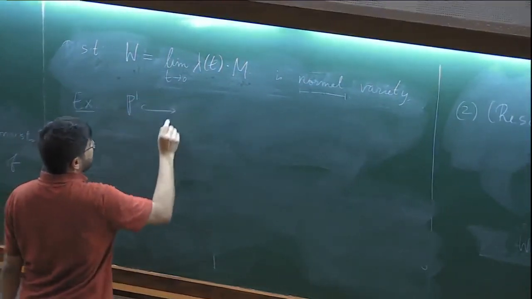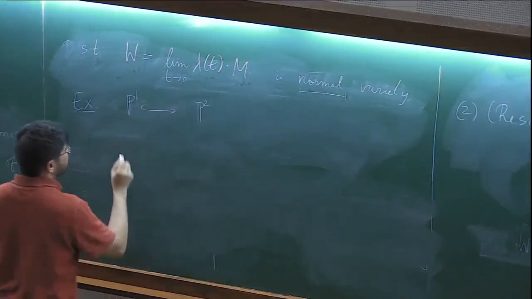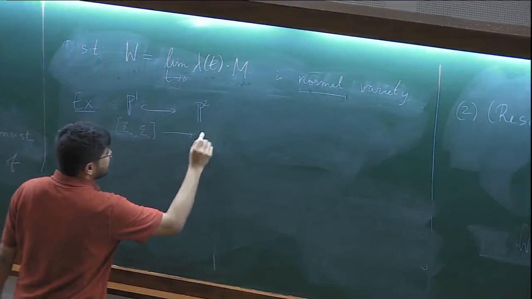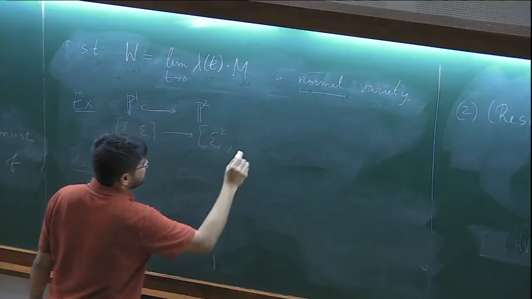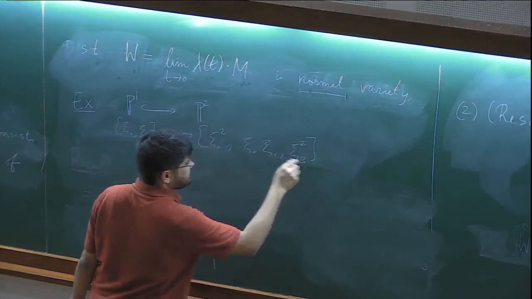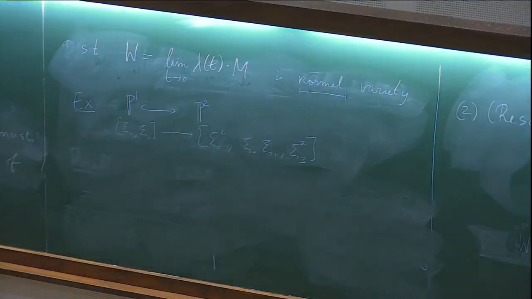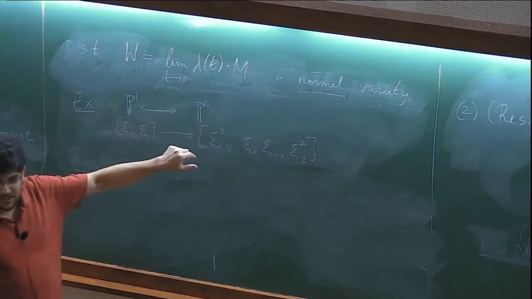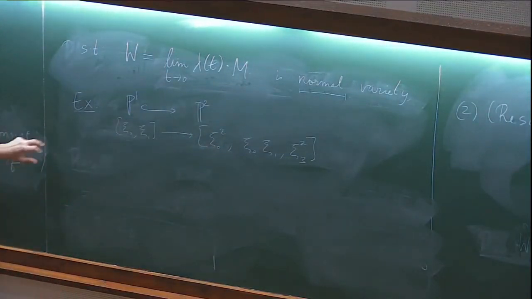One can think of P1 sitting inside P2. So choose homogeneous coordinates on P1 and map that to this. It in fact turns out that in this case, this is actually an embedding via the sections of the anticanonical bundle of P1.